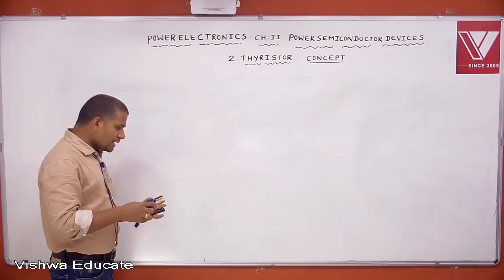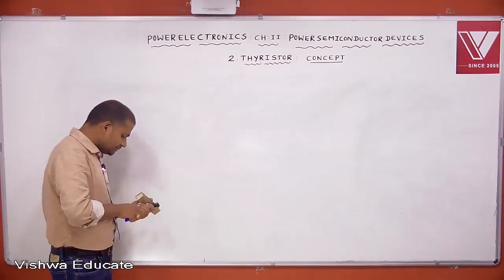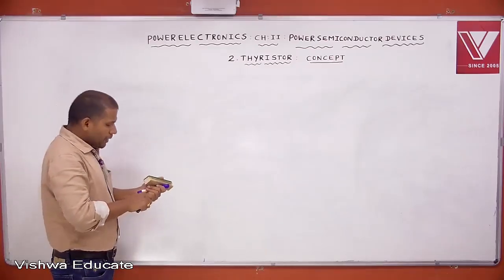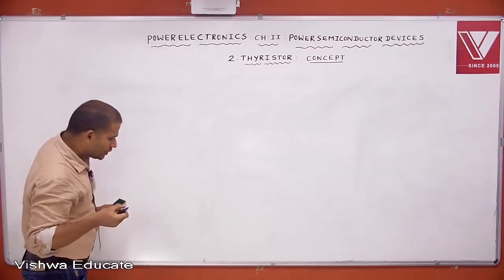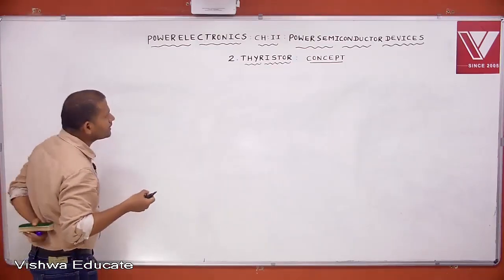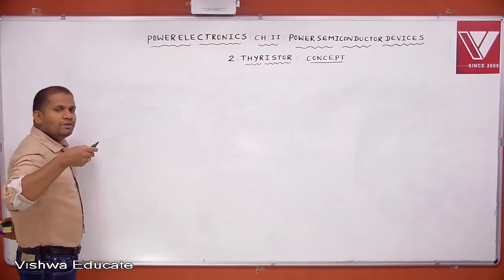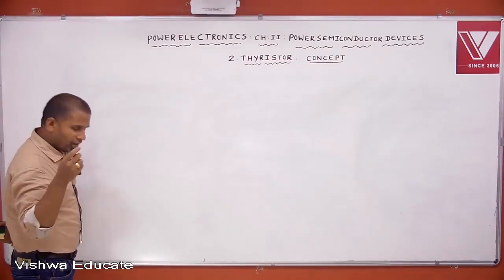But in series connection itself, there is not only the problem of unequal voltage distribution due to unequal static VI characteristics, there is also a problem of unequal voltage distribution due to unequal dynamic characteristics.